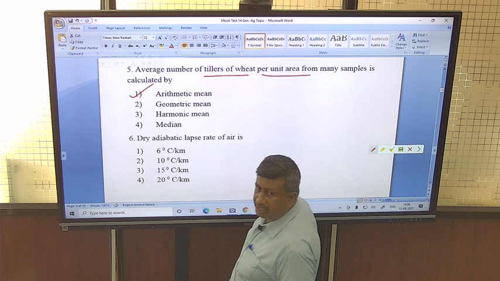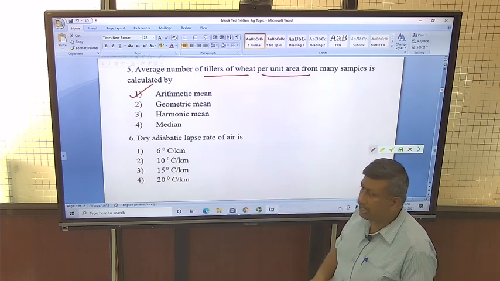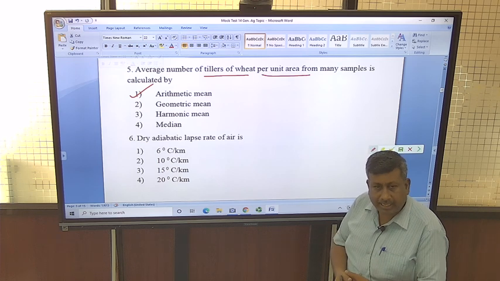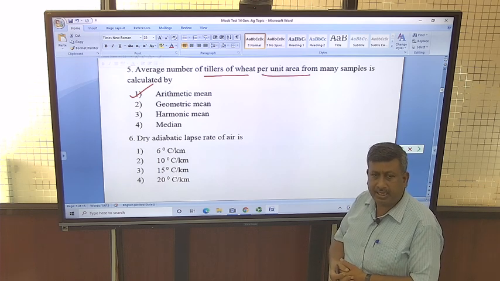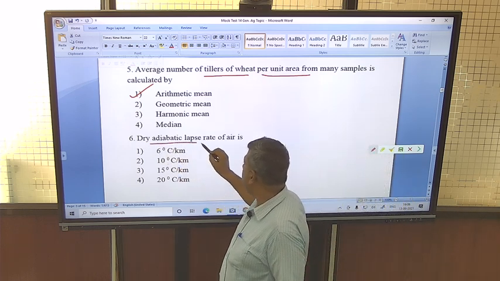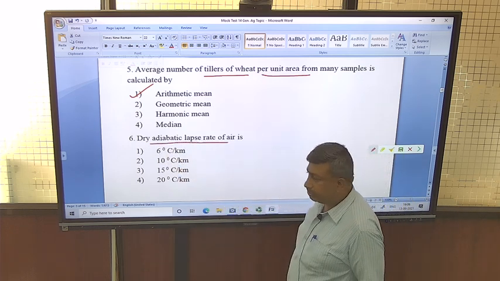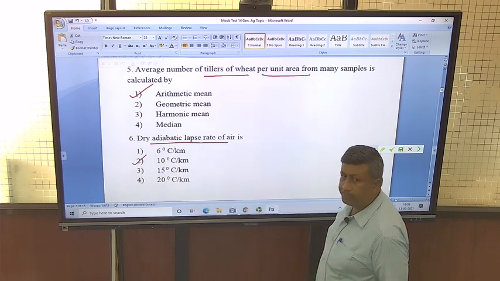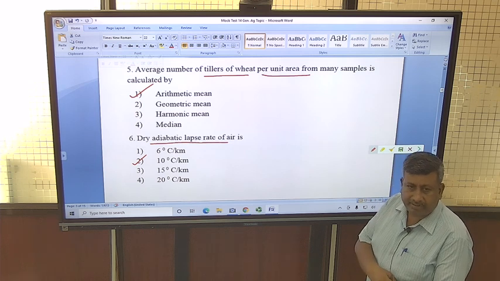So arithmetic mean is used for calculation of observations, whether it is plant height, number of tillers, number of leaves, yield, whatever. Then the dry adiabatic lapse rate of air is constant, about 10 degrees centigrade per kilometer.